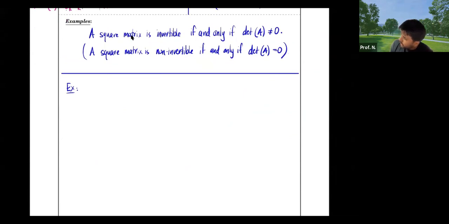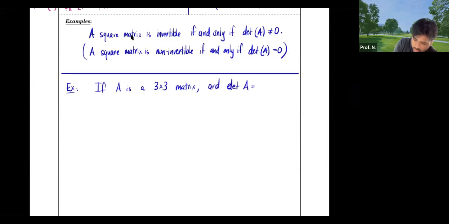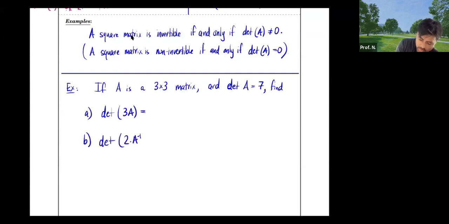So if A is a 3x3 matrix and the determinant of A equals 7, find the determinant of 3A, and the determinant of 2 times A inverse.